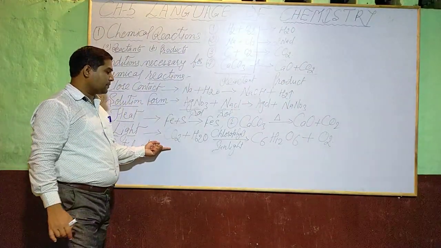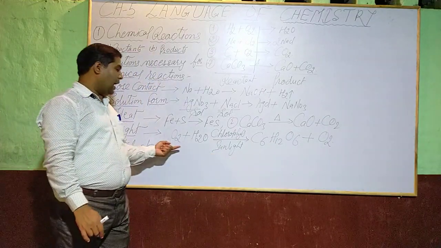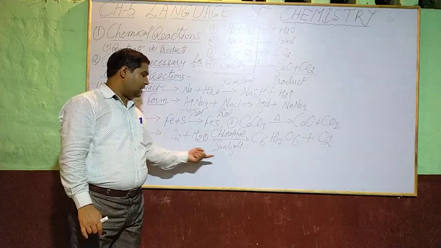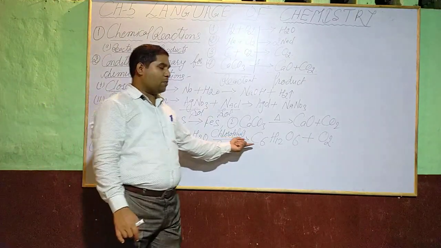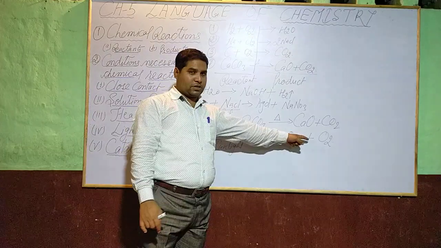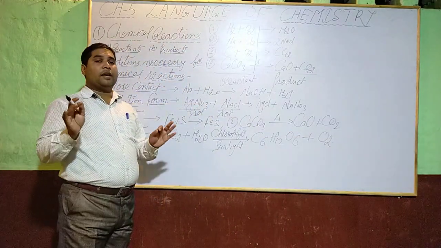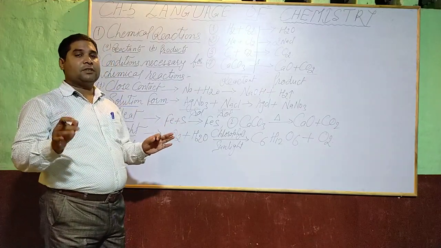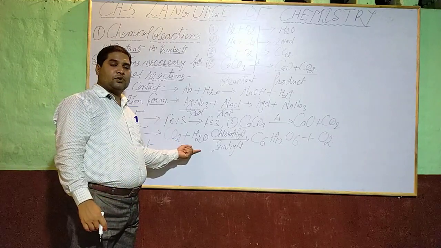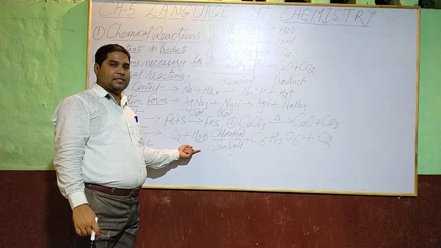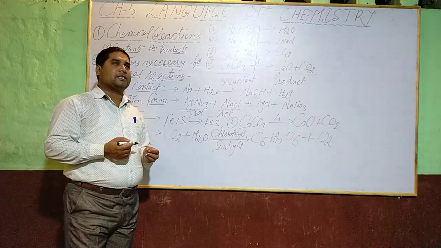So you see here, light is essential. In the presence of sunlight, carbon dioxide combines with water and new products, glucose and oxygen, are formed. This is possible only in the presence of sunlight, and the process is known as photosynthesis.